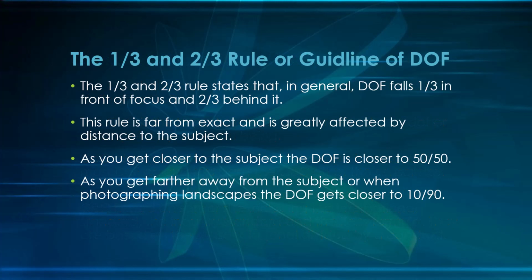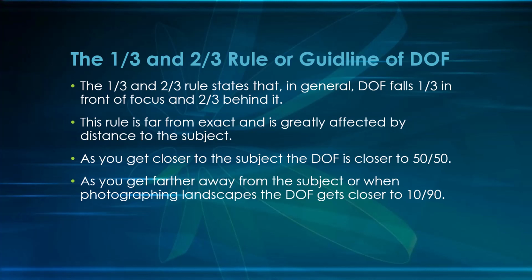All right, so now we're going to talk about some different guidelines that have been used in depth of field. One of them, which you may have heard of, is the 1/3 and 2/3 rule for depth of field. The 1/3 and 2/3 rule states that in general, depth of field falls 1/3 in front of the point of perfect focus, and then 2/3 behind it.